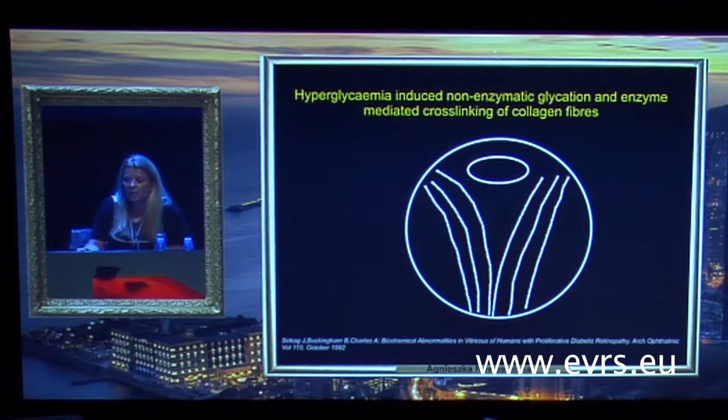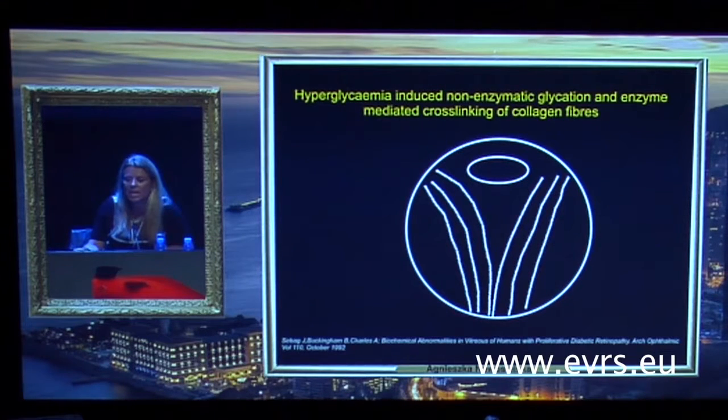I would like to start not from the vasculature, which is obvious and understood, but from the other part of the eye, which is the vitreous. We know from the diabetes studies that hyperglycemia induces lots of changes within the body. Changes in arteries are very common, and diabetic patients have strokes, heart attacks, and so on.